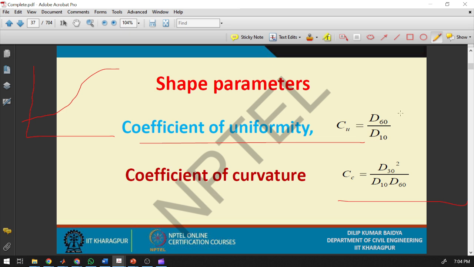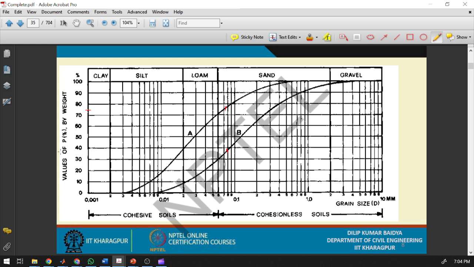D60 is the particle size below which 60% of the particles fall. D60 for soil A is 0.04. D10 for soil A is 0.007. So 10% of the particles in soil A have a size lower than 0.007.